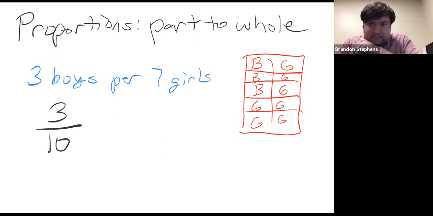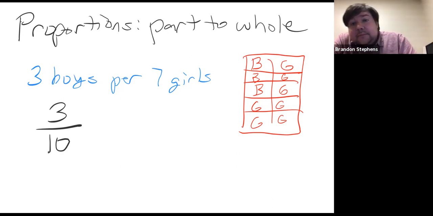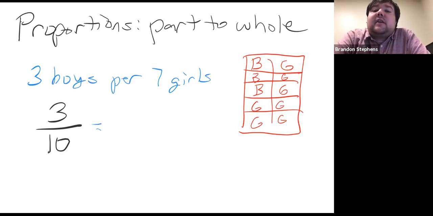That's our proportion. You'll also a lot of times see proportions or concentrations as percentages. And so you won't typically see them with colons. You'll sometimes see them, but usually it's either a fraction or a percentage. So fractions, you can see here how we did that. If you want to put it as a percentage, remember that you just divide. So 3 divided by 10 is 0.3.